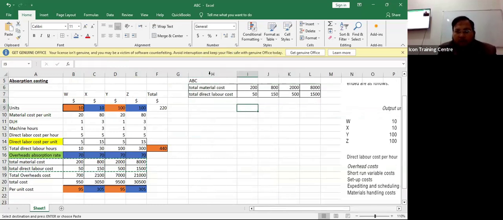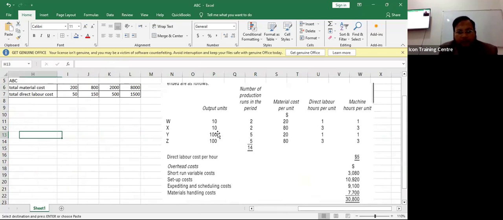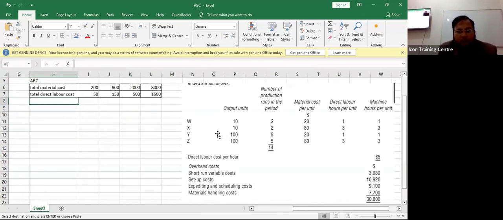So there is no change in material and labor cost. But when we talk about overheads, then we have some calculations.